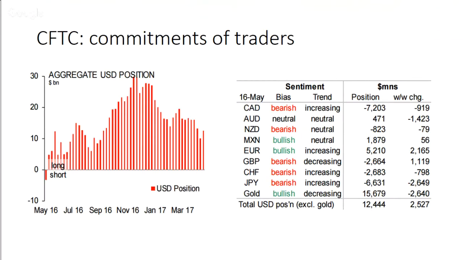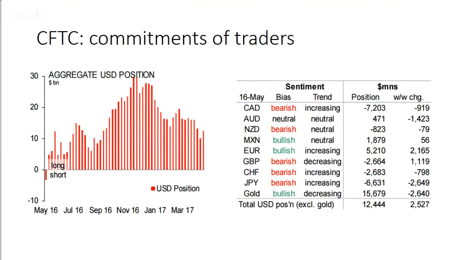During the past week, there were positive changes in the euro and the British pound, and there were negative changes in such currencies as the Canadian dollar, the Australian dollar, a small change to the negative side in the New Zealand dollar, Swiss franc, Japanese yen, and, not a currency but still an important asset, gold.